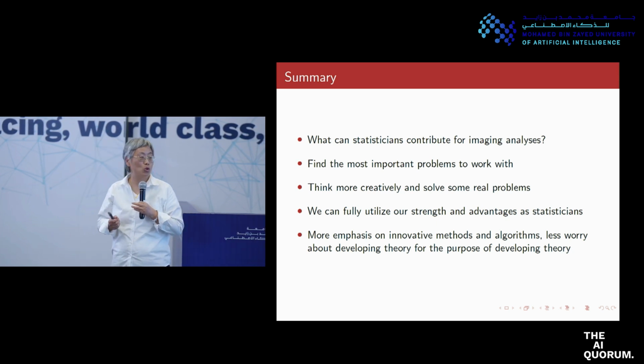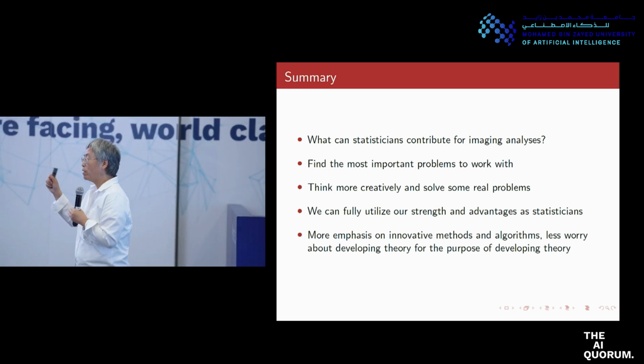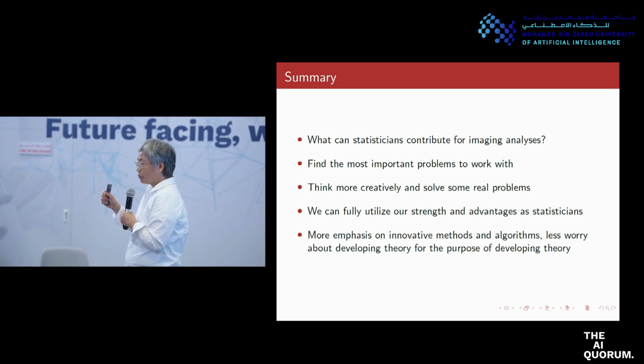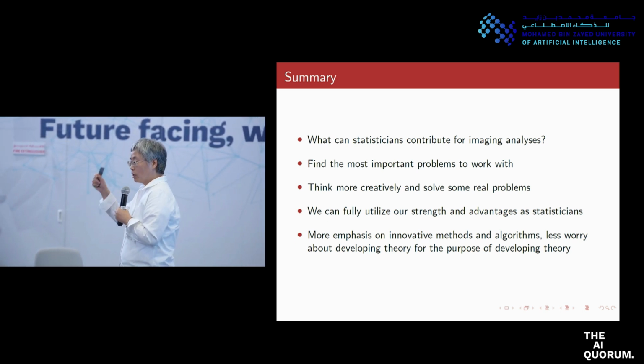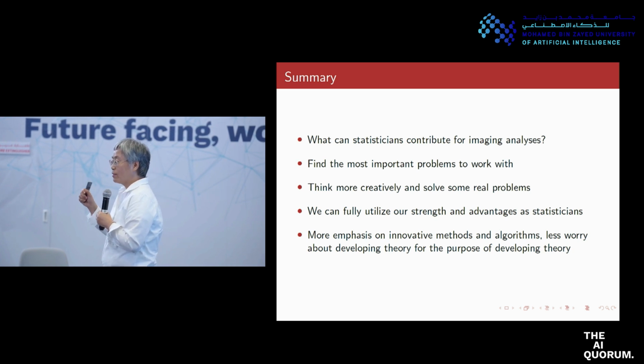In the meantime, we should worry less about developing theory for the purpose of developing theory. Good theory should play an impactful role for applications. If the theory doesn't play an important role for application purposes, I think we're wasting our time developing it, not just pure theory, okay?